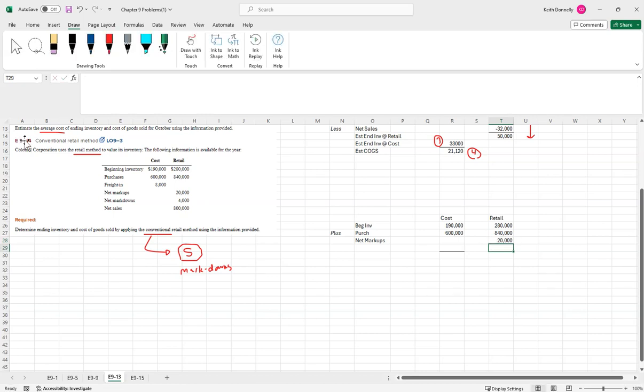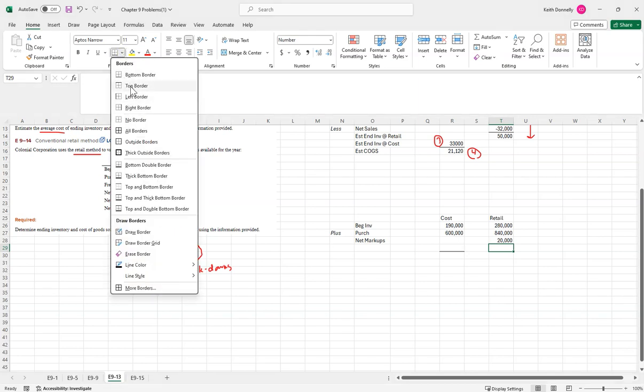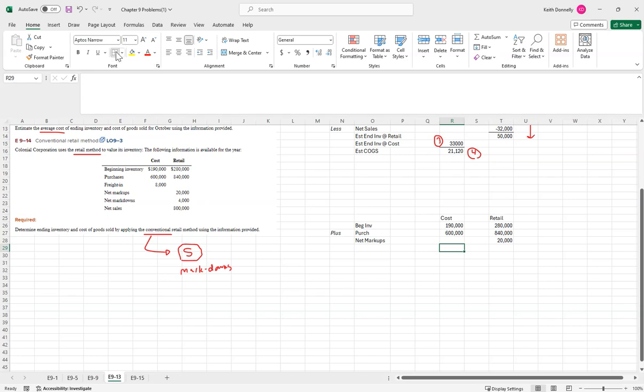Again, that's only the markups. The markdowns only deal with retail. Think of going to a store where they have markdowns on everything. That's a retail thing. You may ask, what about that markdown? Don't worry, we're going to come to it, but we're not using it right now. We've got to have that stop sign.